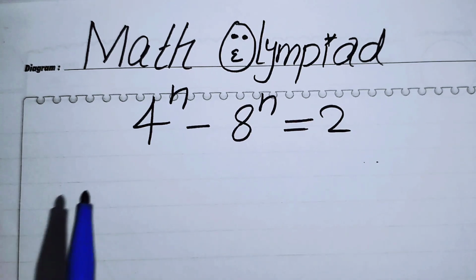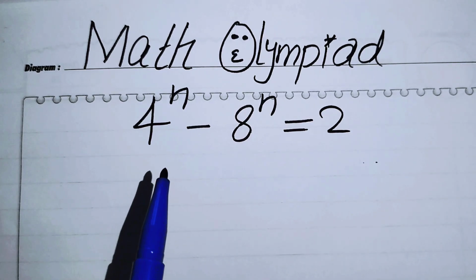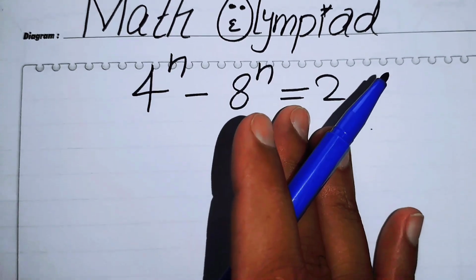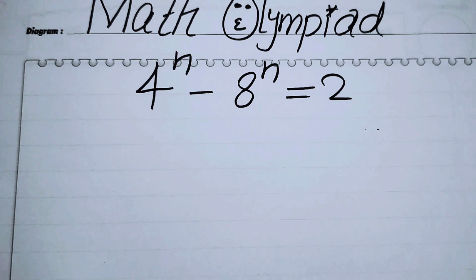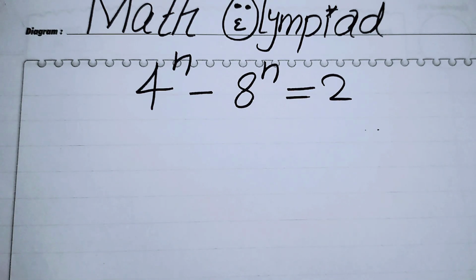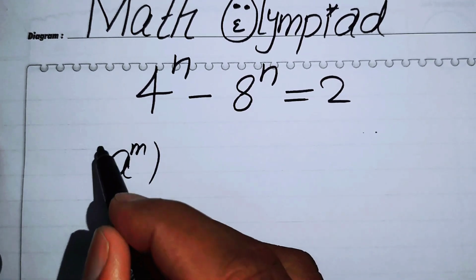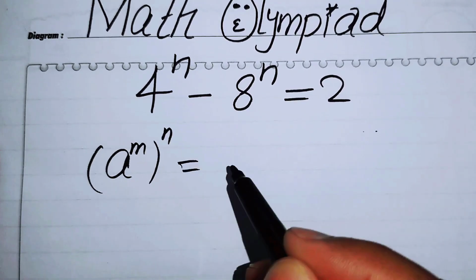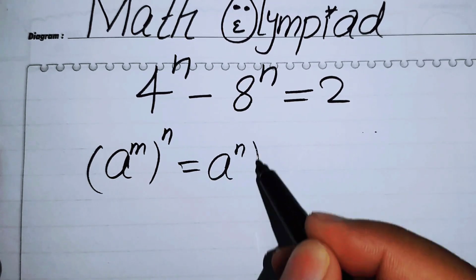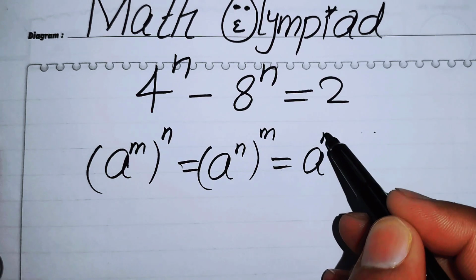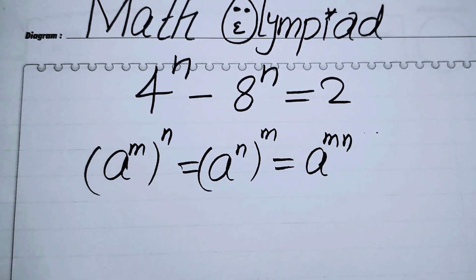So the very first thing we are going to do is discuss an important exponential law, and you know about this exponential law. If we have a to the power of m to the power of n, it is equal to a to the power of n to the power of m, which is equal to a to the power of m times n.